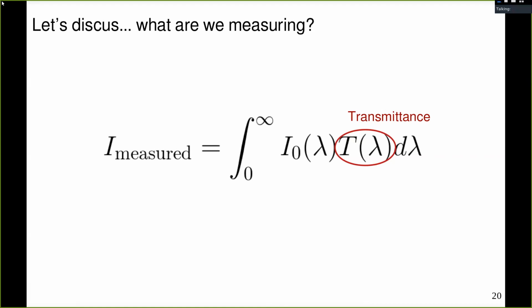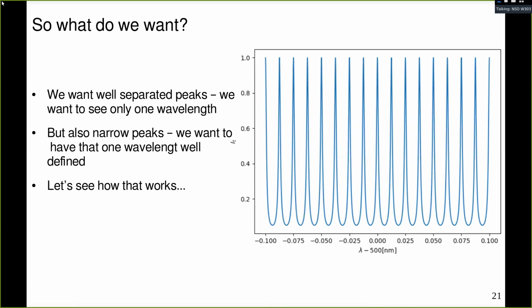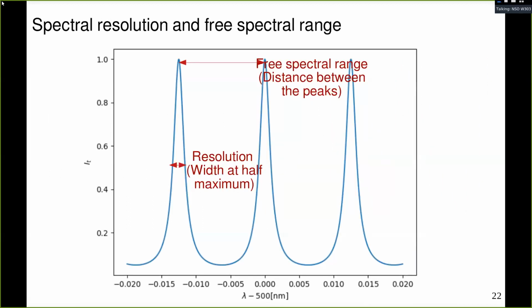Cool. And in that context, we need to talk about two properties of a Fabry-Perot filter, and these are the spectral resolution, which is basically connected to the width of these maxima here, and something called the free spectral range, which is basically the distance between the two peaks in a filter.